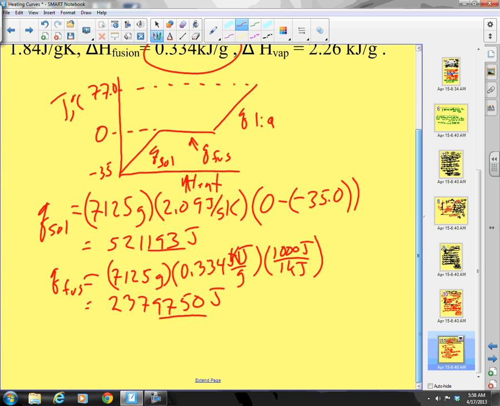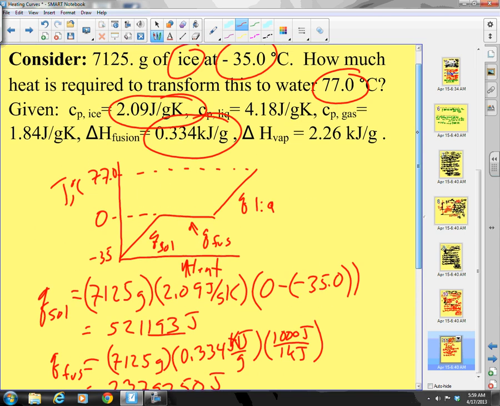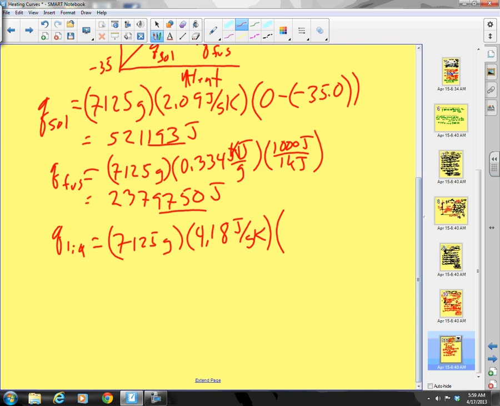And then Q liquid, 7125 grams times 4.18 joules per gram Kelvin times what? 77.0. Yep, that's my final temp. 77.0 minus 0.0. And so what do I get out of that?